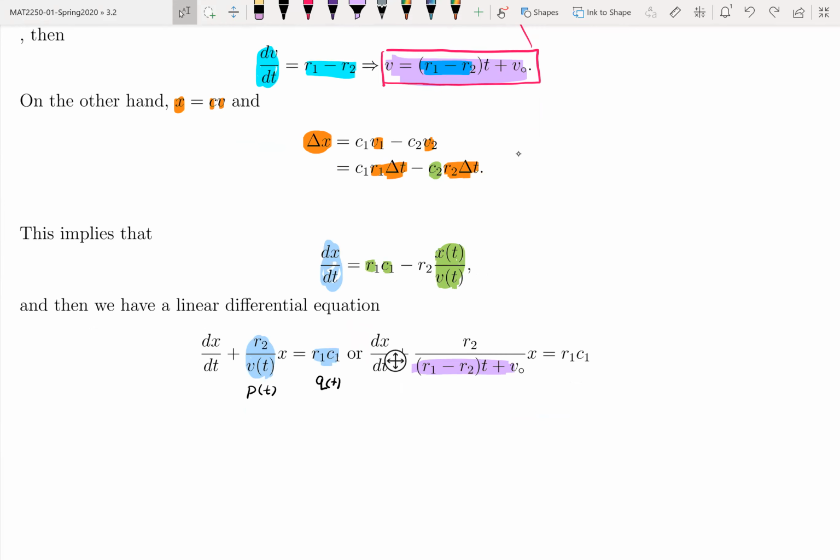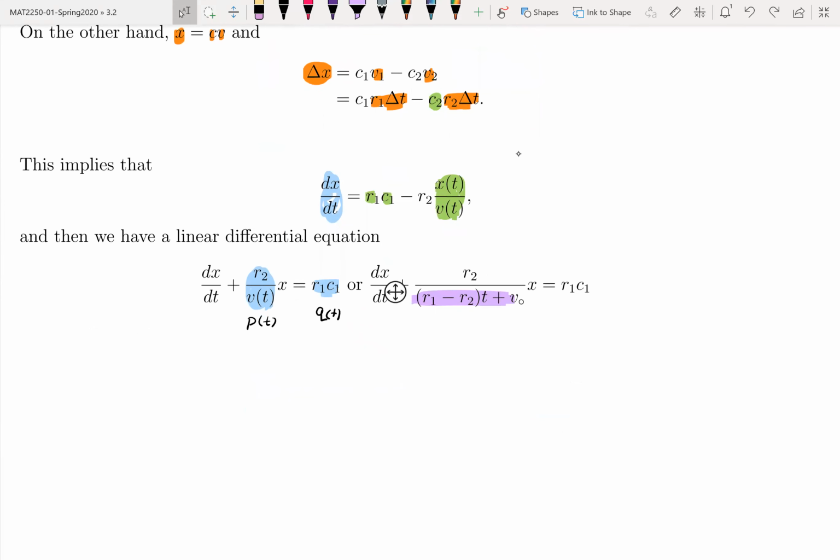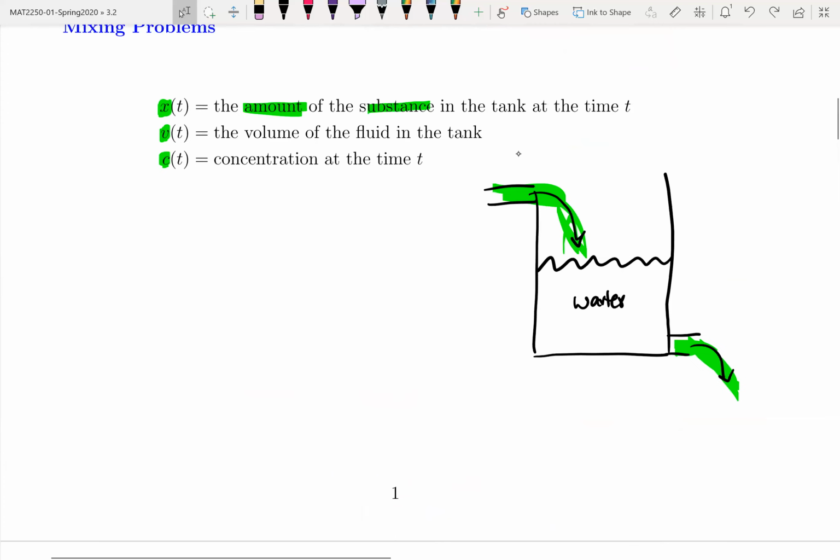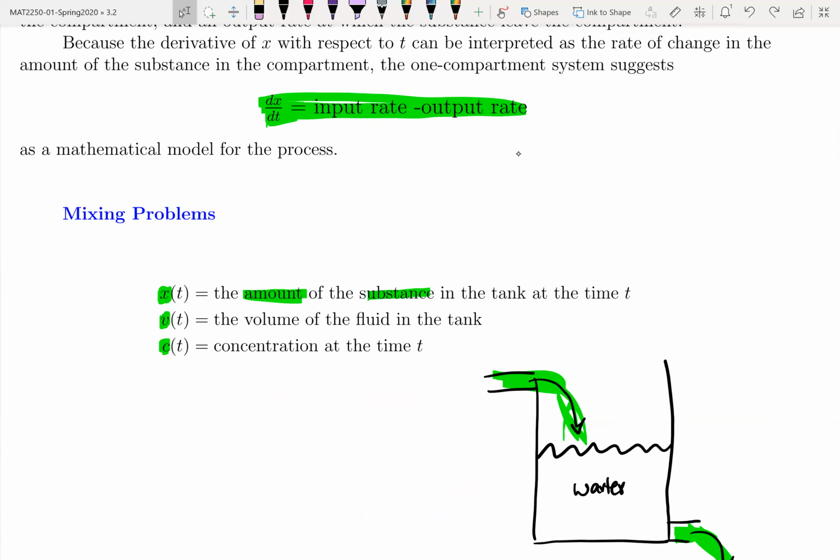Okay, so the whole story is to show that the rate of substance per time, this green thing, is always input rate minus output rate.